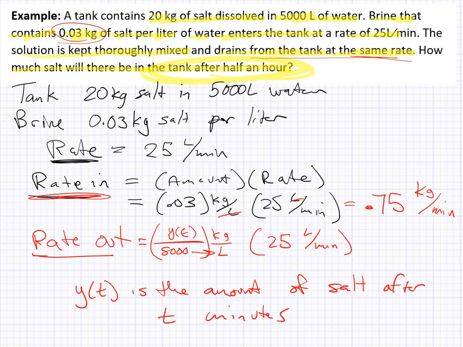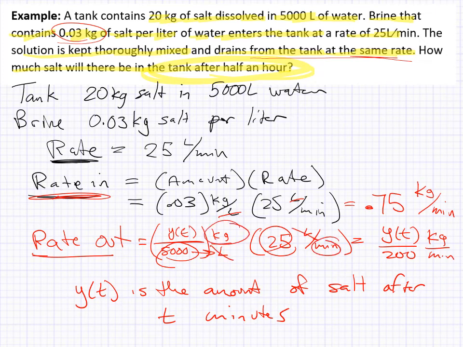And so if we did this, what we're basically going to have is y of t over 200, because 25 divided by 5,000 kilograms per minute, because again, the liters will cancel and we're left with kilograms per minute.